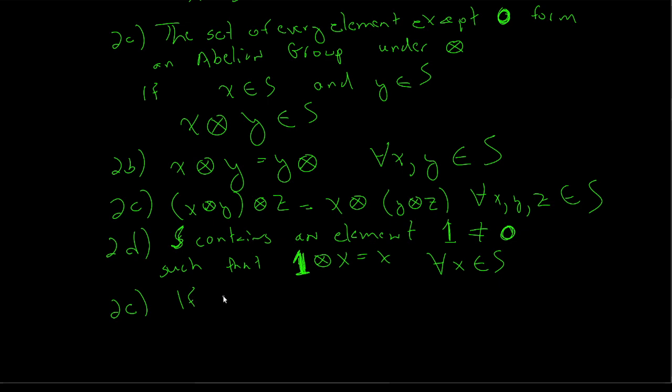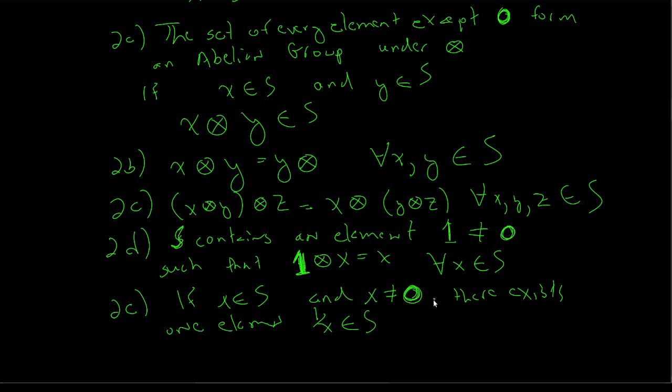And if x exists within our set and x is not the 0 element, there exists one element, one over x, in our set such that x times 1 over x equals 1.